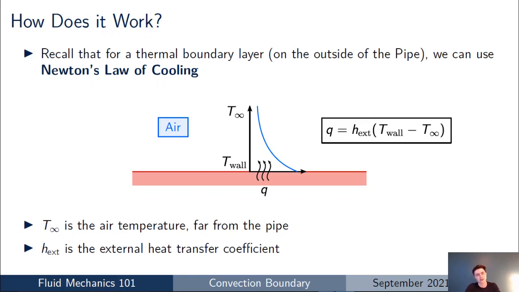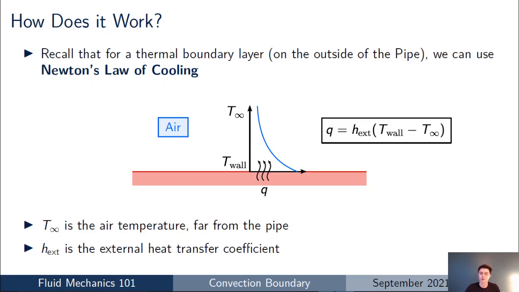The reason this equation is useful, of course, is that another way we could calculate the heat flux would be to calculate the temperature gradient right at the wall, and that would be an application of Fourier's law. However, if we were to take that approach, we'd have to have some way of calculating the temperature gradient at the wall, which is quite difficult to do without a CFD mesh.